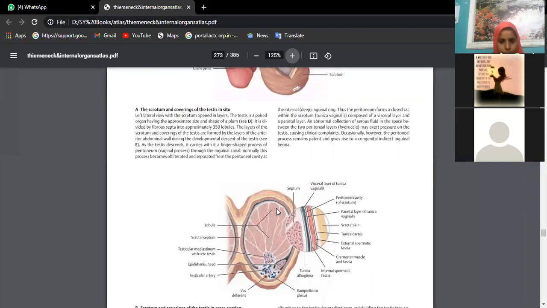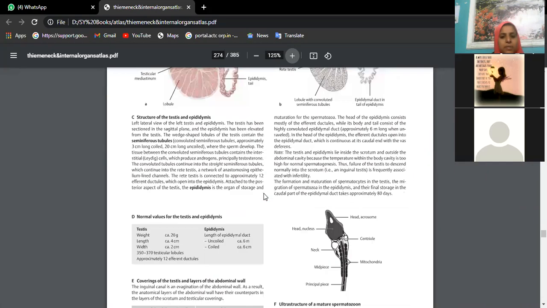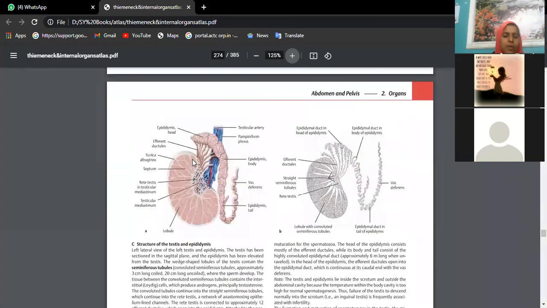Let us see the cut section of the testis where we are finding so many seminiferous tubules. See this. What are the coverings of the testis we have? Tunica vaginalis, tunica albuginea, and tunica vasculosa. The tunica albuginea goes inside and divides the testis into many compartments. Tunica vasculosa is the tunic along which blood vessels are entering inside.